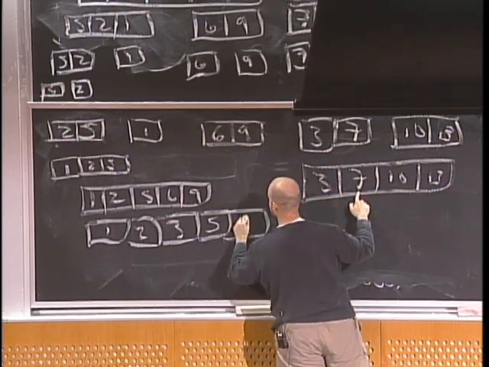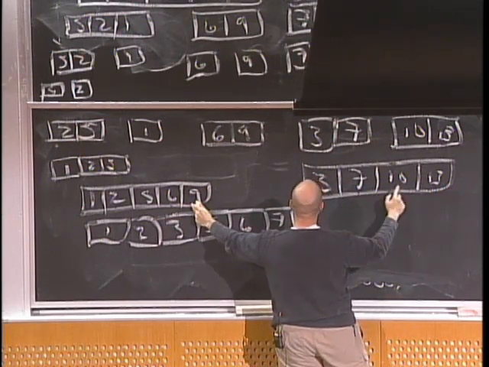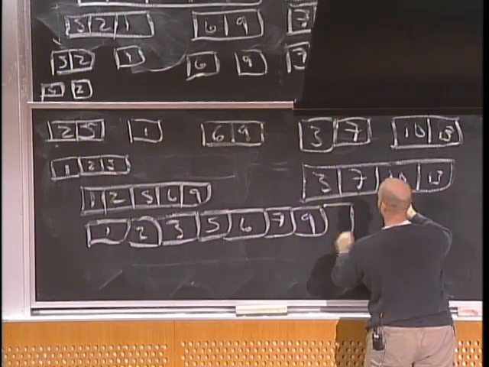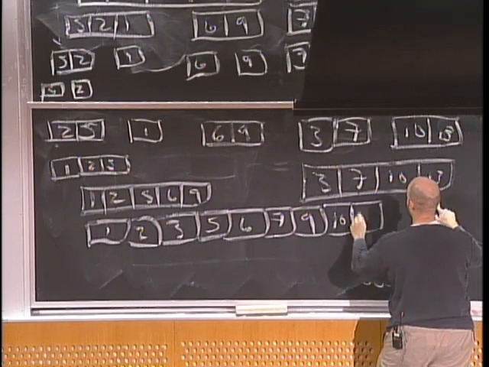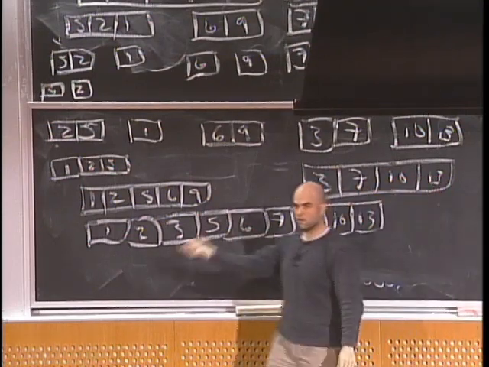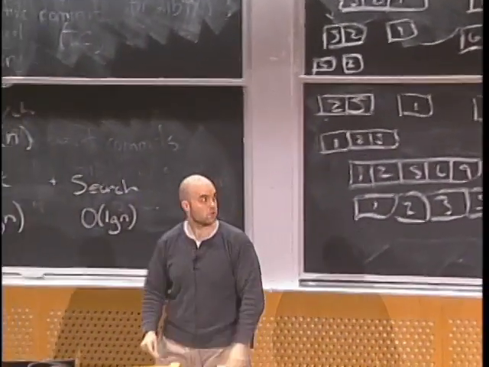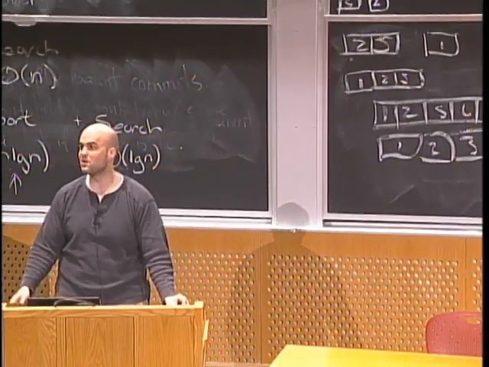And we're here. 6 comes before 7. Then we have 7. And then 9 comes before 10. Now we're done with this list. So now we have 10, 13. And at the end of the last merge, the list is sorted. So I'm not sure how clear that was.